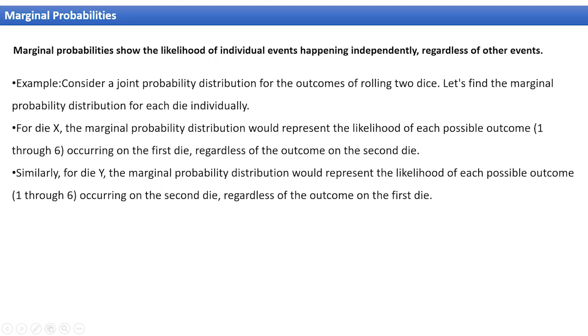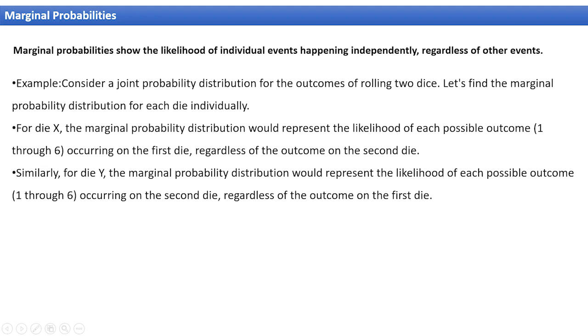Let's start with marginal probabilities. Imagine we have a joint probability distribution for rolling two dice. We want to find the marginal probability distribution for each die individually. This would tell us the likelihood of each possible outcome on each die, regardless of the outcome on the other die.